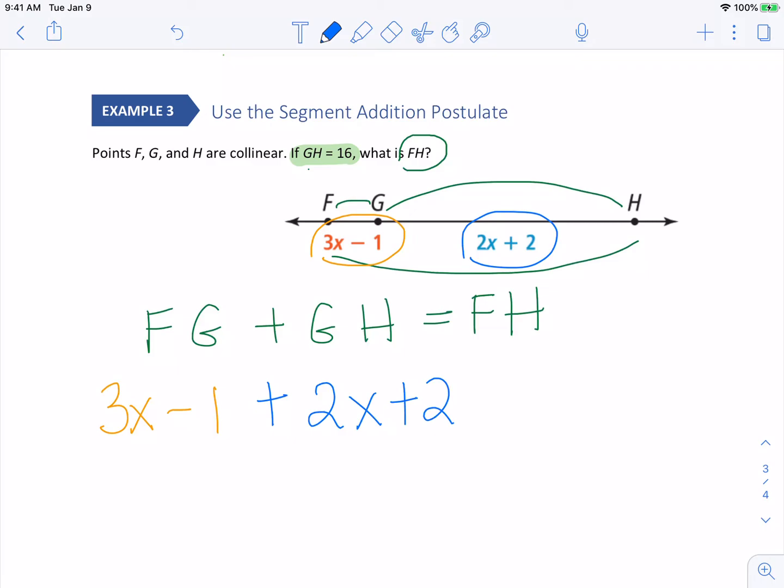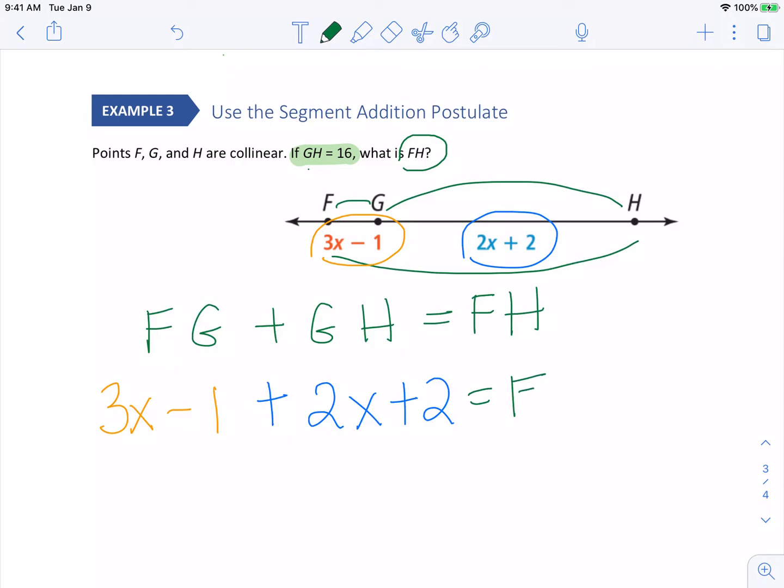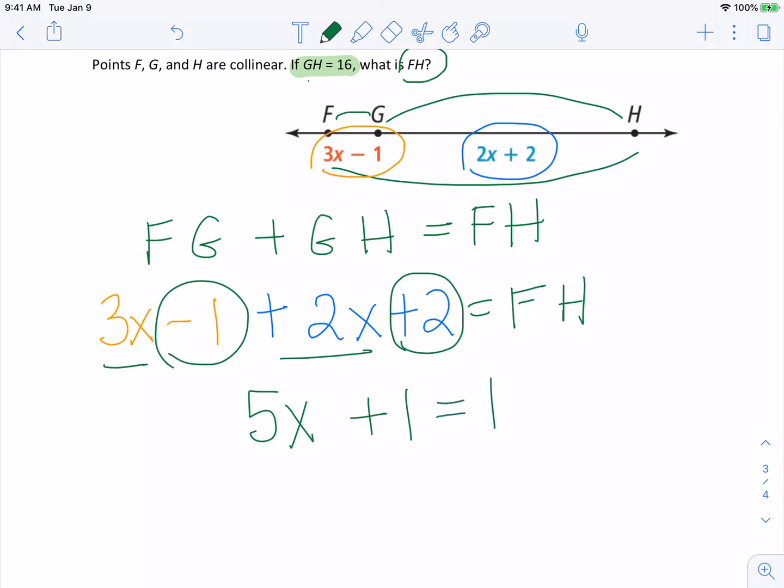So if I want to simplify that, I can get the length of FH with the variable x. So combine like terms, 3x plus 2x makes 5x. And then 2 plus a negative 1, or 2 minus 1, would be plus 1. And I'm just going to rewrite it. So FH equals 5x plus 1.